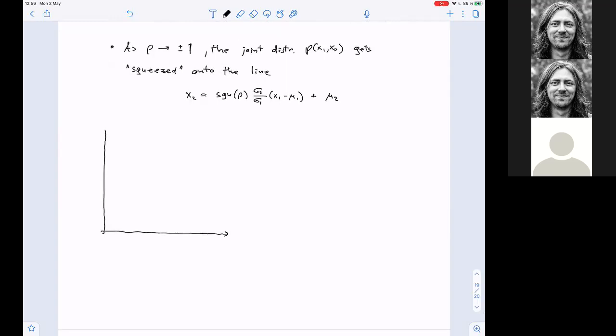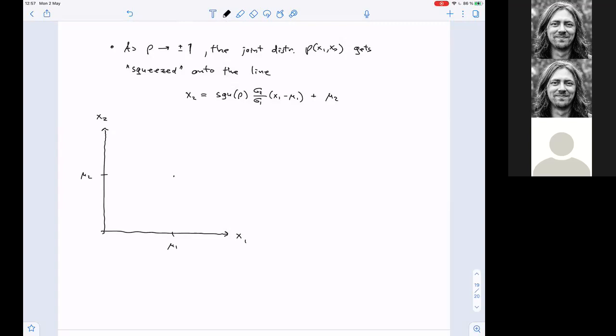So let's just draw two quick examples to get our intuition. First I'll draw an example of two variables that are very weakly correlated. So let's say I have my mu2 here, I have my mu1 here. And what I'll do is just draw a contour of constant likelihood, and then you have to picture a Gaussian on top of that.